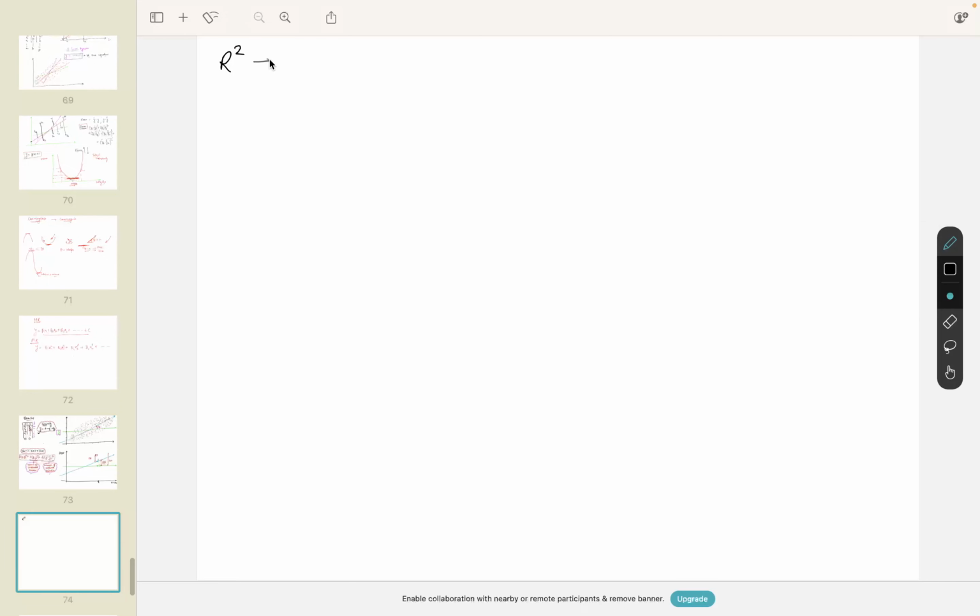This is known as r square. It is also known as coefficient of determination.